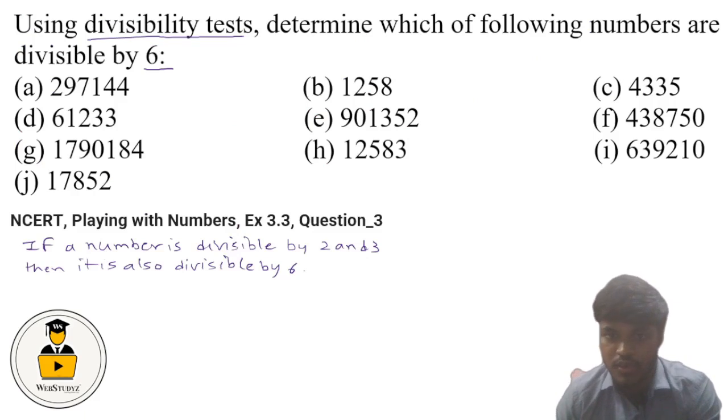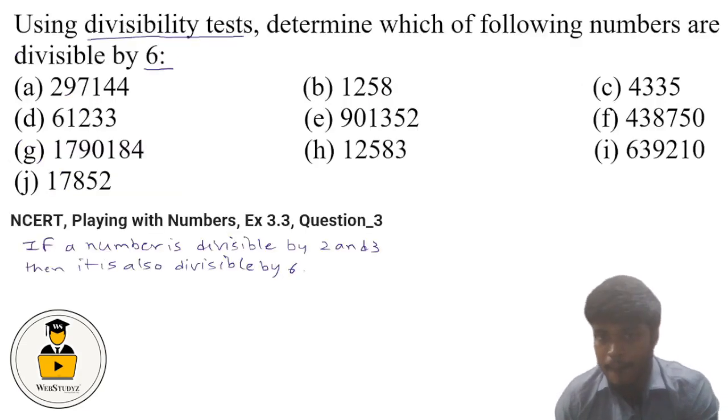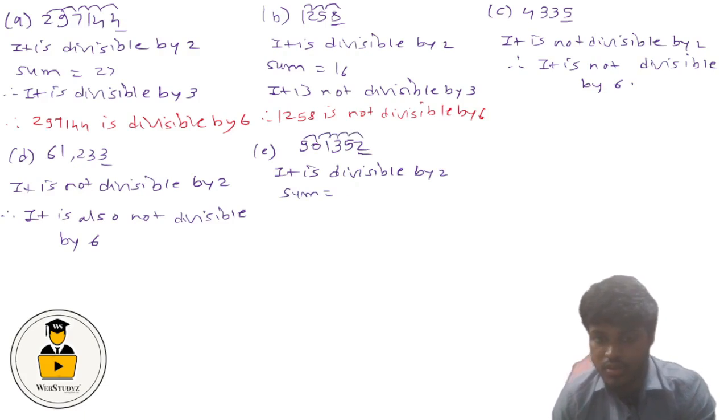Next example is 9,13,352. The last digit here is 2, so we can say that it is divisible by 2. And let us find the sum of digits. 9 plus 1 is 10, 10 plus 3 is 13, 13 plus 5 is 18, 18 plus 2 is 20, and 20 is not divisible by 3.